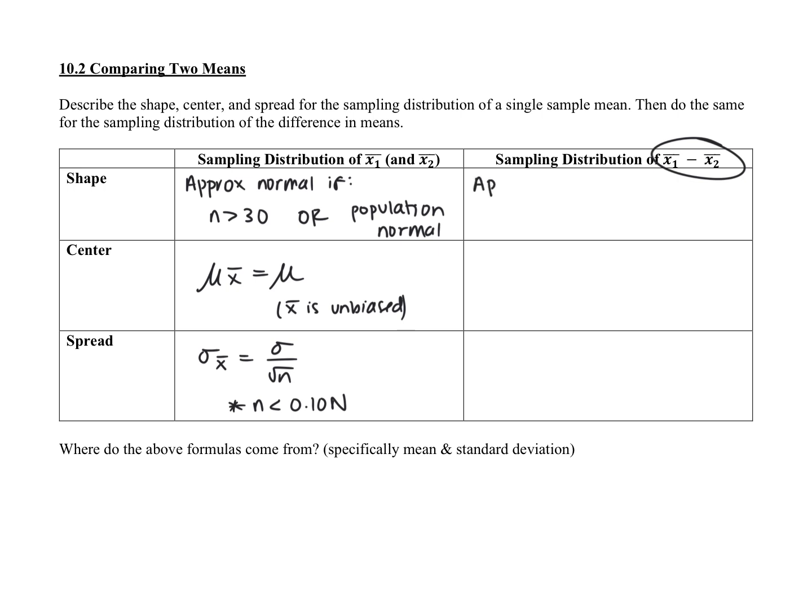The shape is going to be approximately normal if, this time, for the central limit theorem to apply, both the sample sizes would have to be bigger than 30, or both populations would have to be normal.